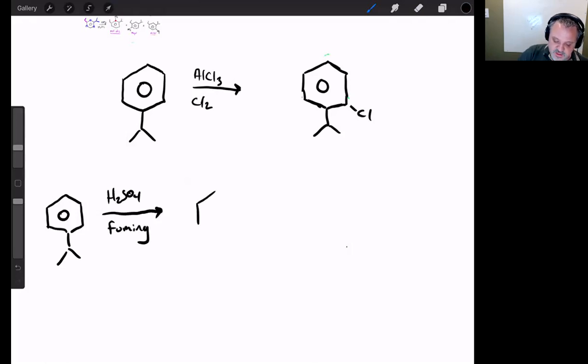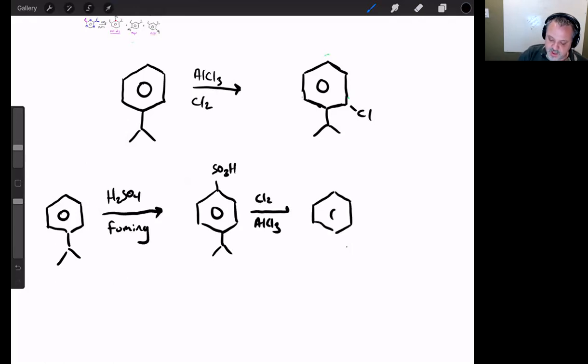And all of the same regioselective outcomes would be observed. That group would be installed in the para position. And then I can do chlorination. Now, we can take a look at the directing effects.